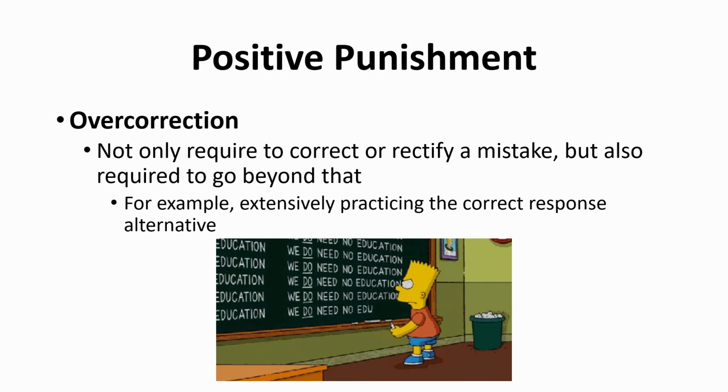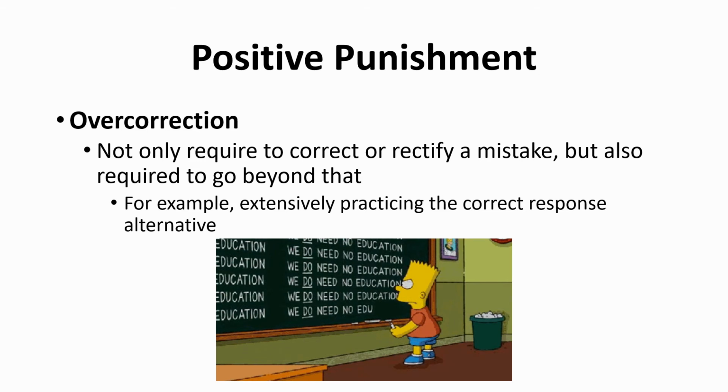So they tend not to occur as often more recently as we become more stringent with our ethics and ethical considerations. So we tend to use a little bit less positive punishment unless there's a really good reason for using it. What we tend to see instead is something like overcorrection, which is still a form of positive punishment, but isn't as damaging, I guess.